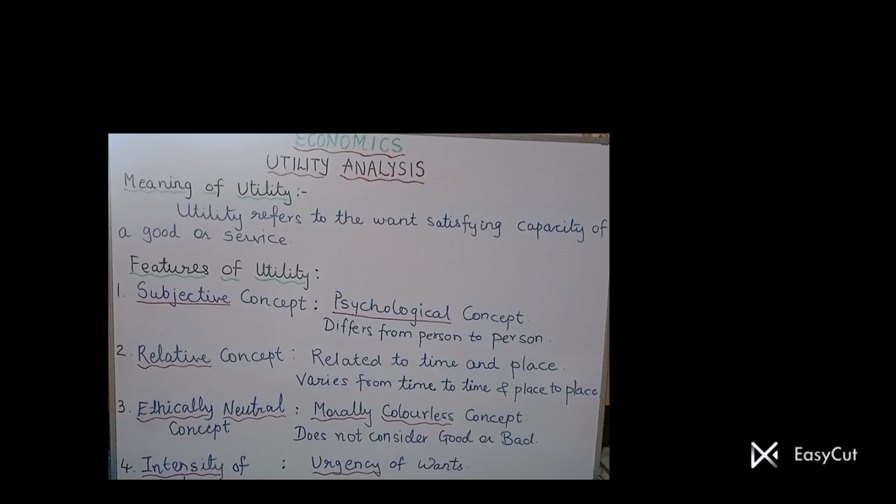Now we move on to the second point, relative concept. Utility is a relative concept because it is related to time and place. It means utility of any product or service varies from time to time, and it also changes from place to place. For example, woolen clothes have high utility during the winter season. All of us need that.